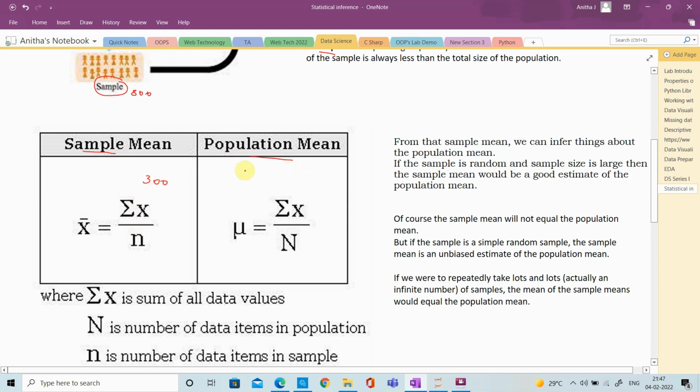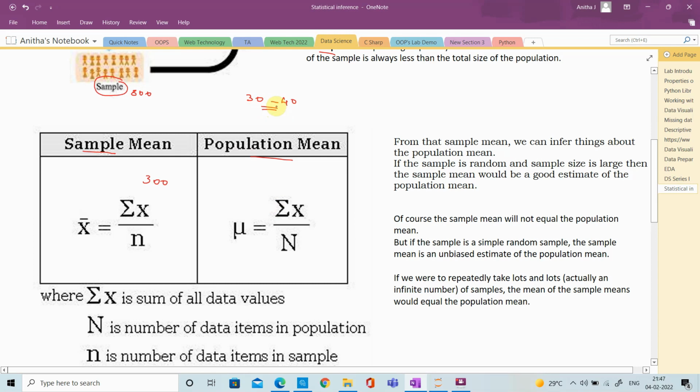The population mean is the mean of all persons available in the population in the universe. But that is not possible, because you cannot go to each and every one and calculate the weight of everyone. Say I want to calculate the mean weight of persons in the age range of 30 to 40.